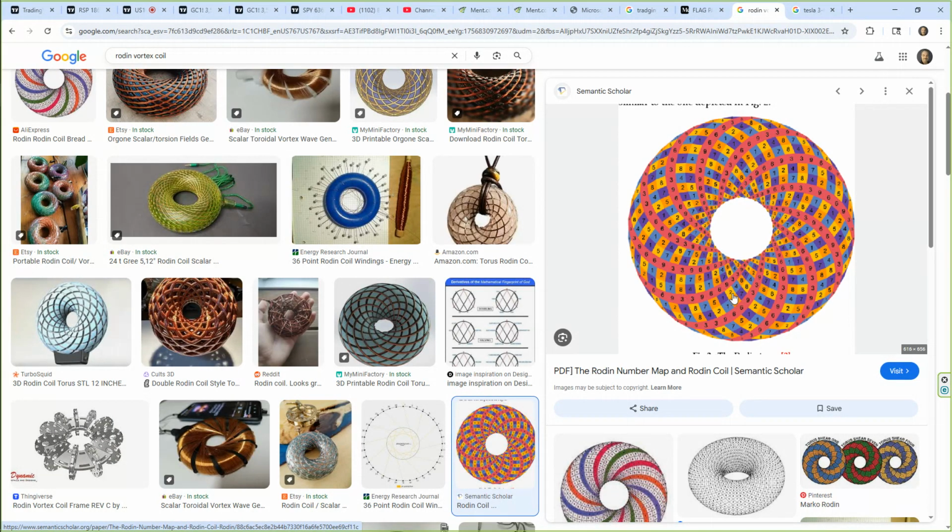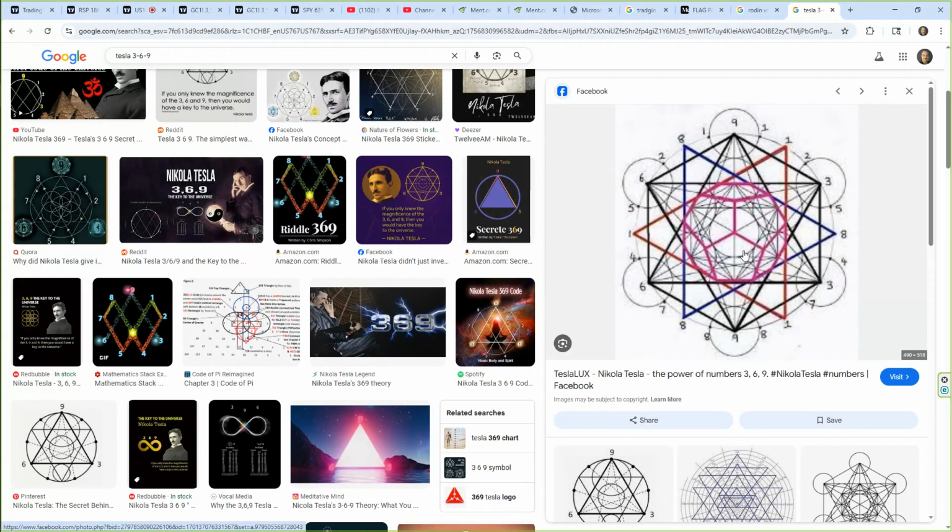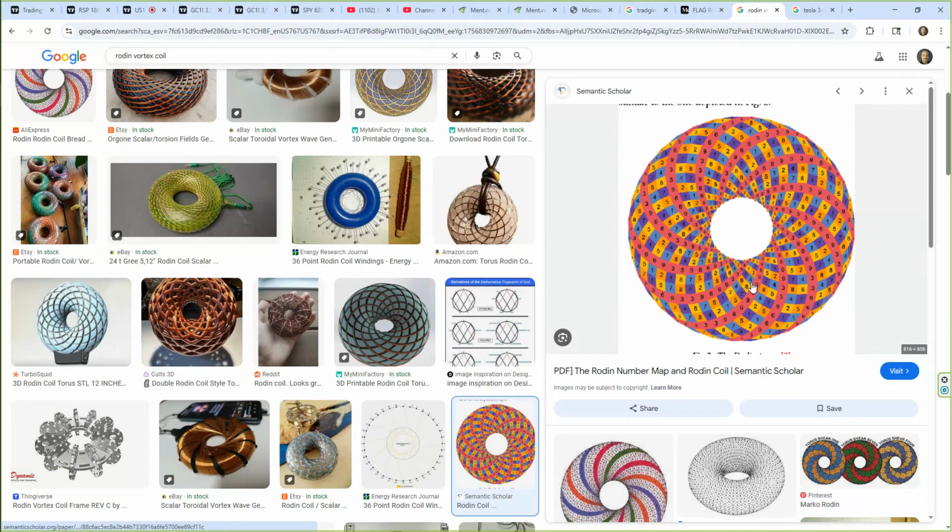And you know what these cycle structures are? They're Tesla 369 coil structures. So what you're looking at is a never-ending cycle of 369 structures. Okay, and this is essentially what I believe drives all market trends, with one or two variants.